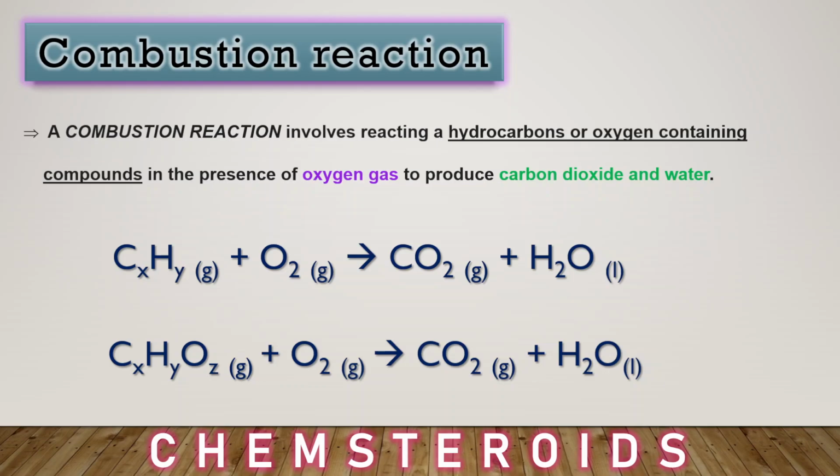If along with carbon dioxide and water some other products also form, then you may not be in a position to say that it is a combustion reaction. So never misconceive by saying when product is carbon dioxide and water along with some other byproduct, don't say it as a combustion. Combustion reactions will have only two products, one is carbon dioxide, the other one is water.